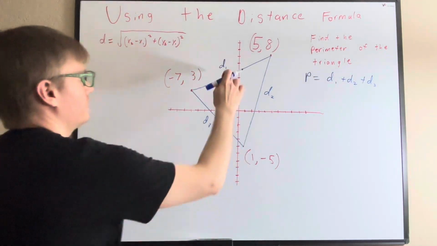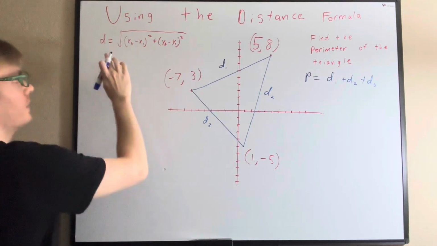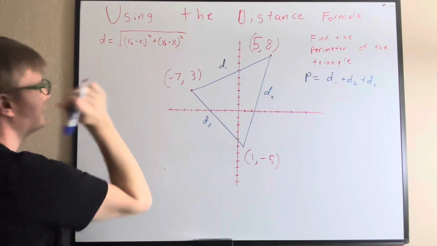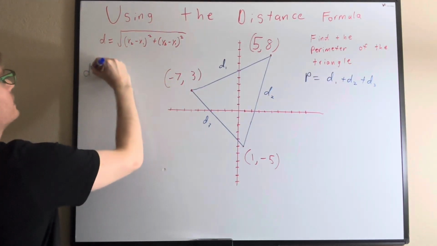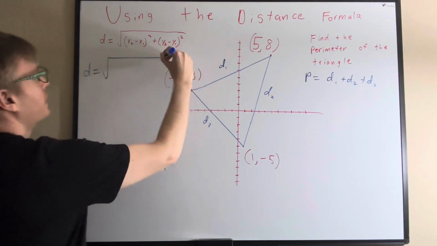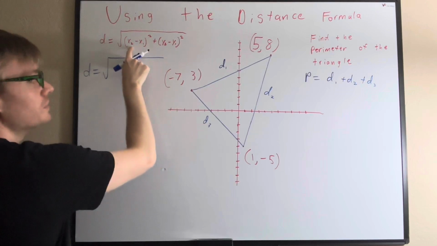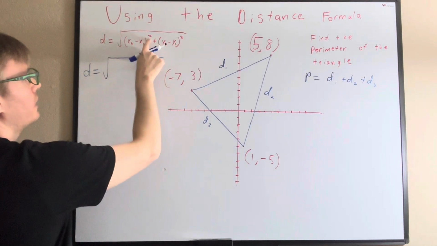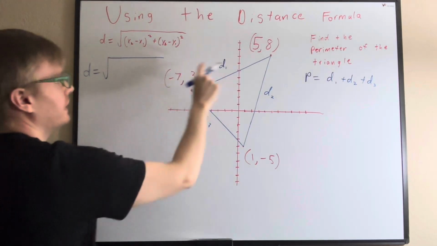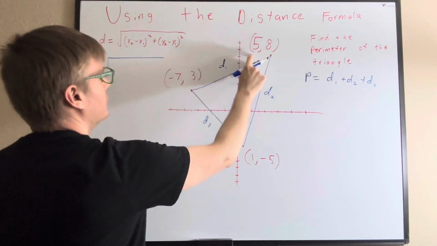So, start with D1. We're going to use the distance formula here. Now, if you can see that, it's D equals the square root of x2 minus x1 squared, quantity squared. Now, does it matter which one is x2 and which one is x1?